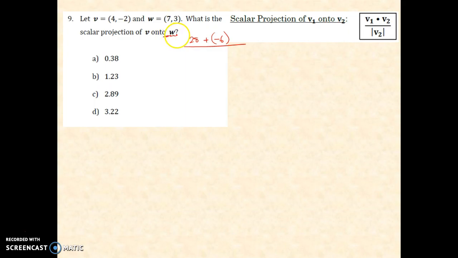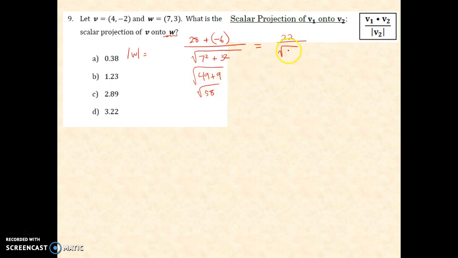We're projecting onto W, so we want to get the magnitude of W, and that's the square root of 7 squared plus 3 squared. 28 minus 6 is 22. Square root of 49 plus 9, that's the square root of 58.